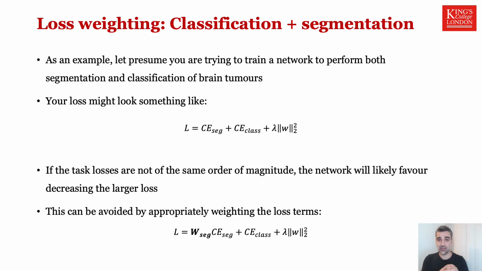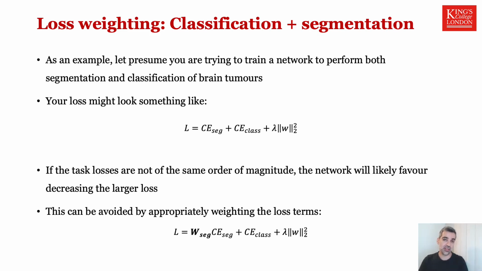That means that the network is going to optimize more for the task that has the higher numerical value, as long as the gradients are stable, obviously. And it's going to follow that gradient more because it has more impact on the final numerical value of the total loss, so the value of L here.